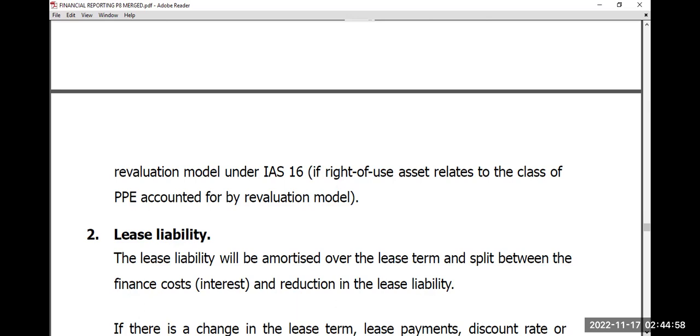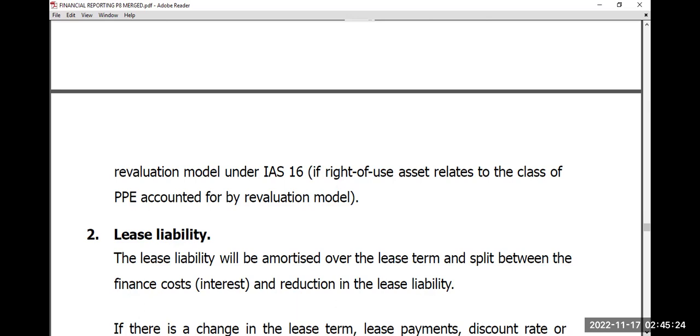After getting the present value of that future sum you are going to be paying, at the initial measurement or initial recognition, what figures are we going to take as a lease liability in the balance sheet at the end of the year?